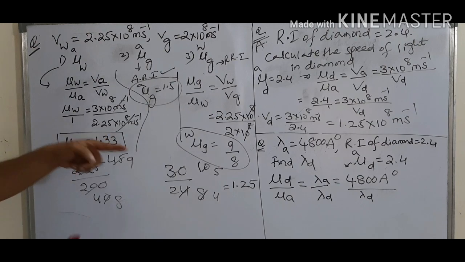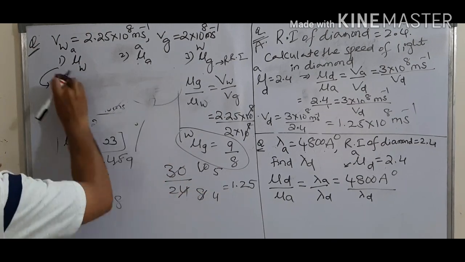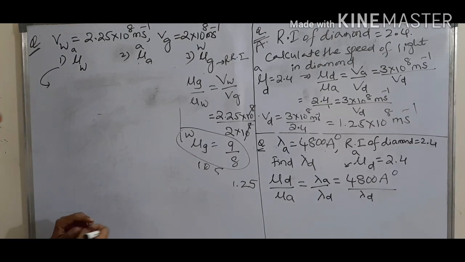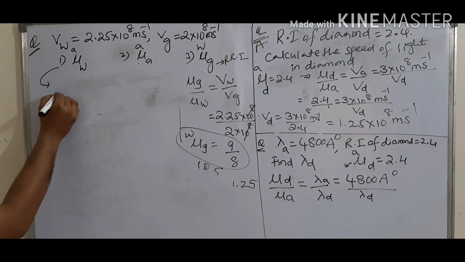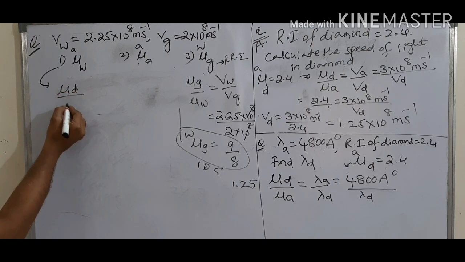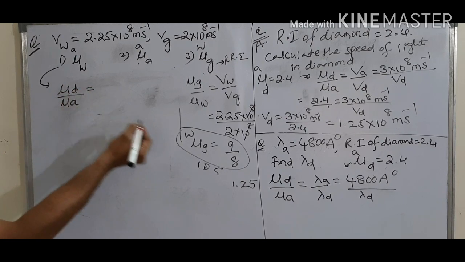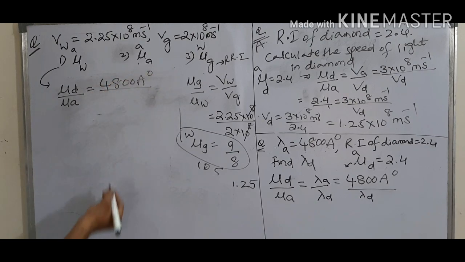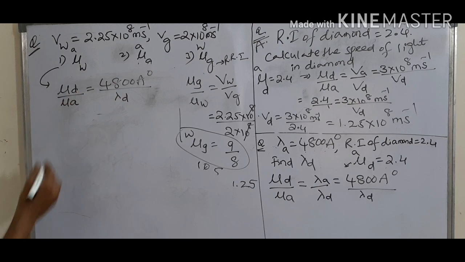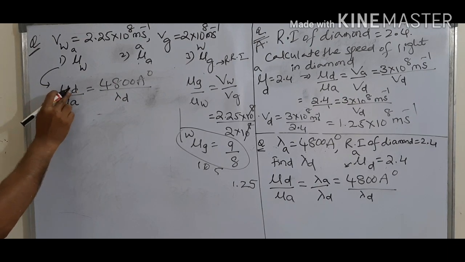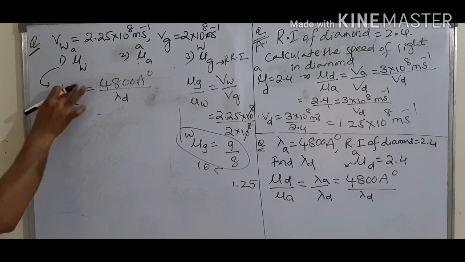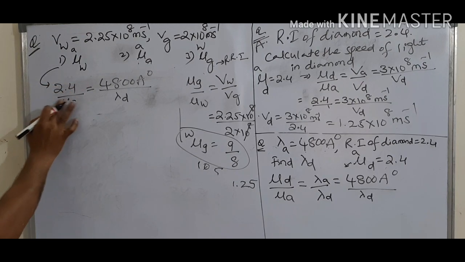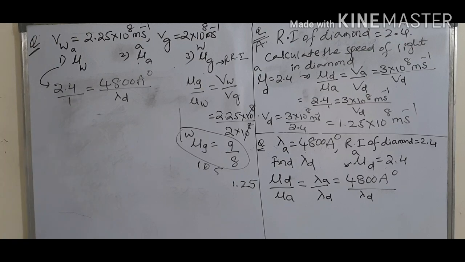So write this: the refractive index of diamond by the refractive index of air is equal to 4800 angstroms by the wavelength of light in diamond. The refractive index of diamond is given as 2.4, and the refractive index of air, you know, is 1.